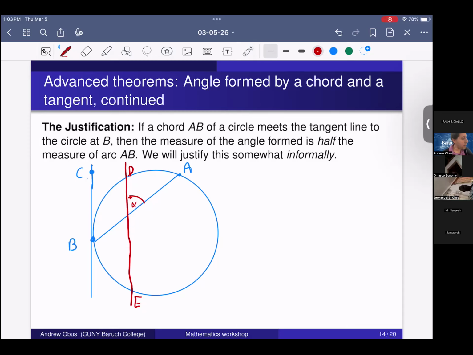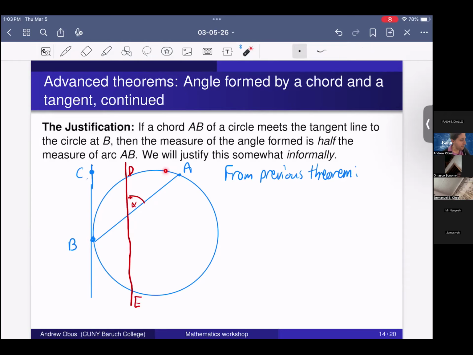Now what happens? From the previous theorem, this alpha is an angle made by two chords, so its measure is the average of arc AD and arc BE.